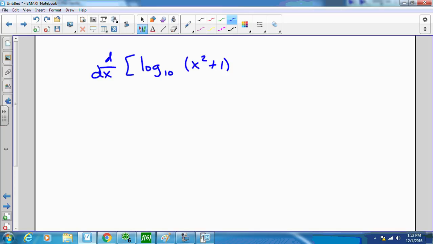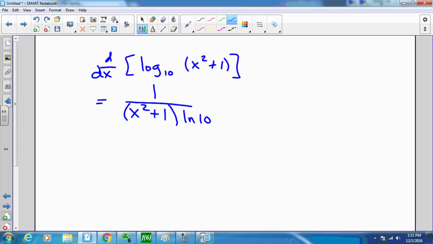So let's say that I am dealing with maybe pH or something like that. And so I end up with an expression like log base 10 of x squared plus 1. Well, okay, I'm going to think of this as exactly like the natural log function, but times 1 over ln 10.